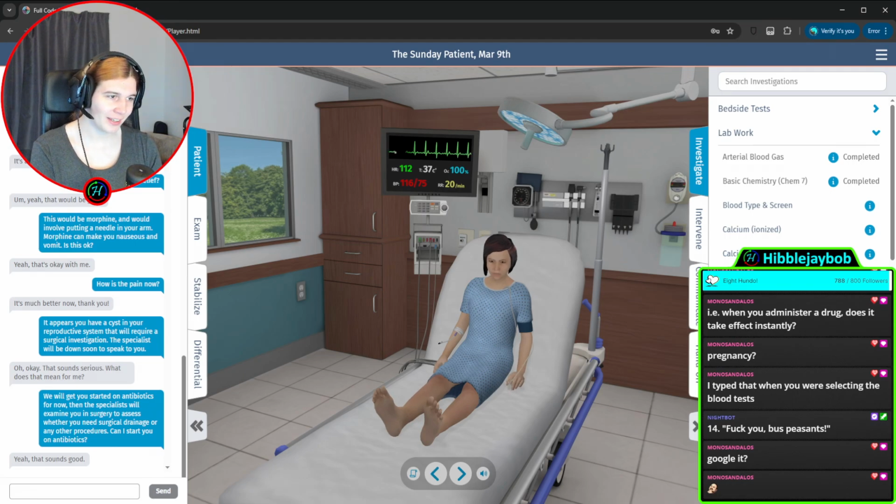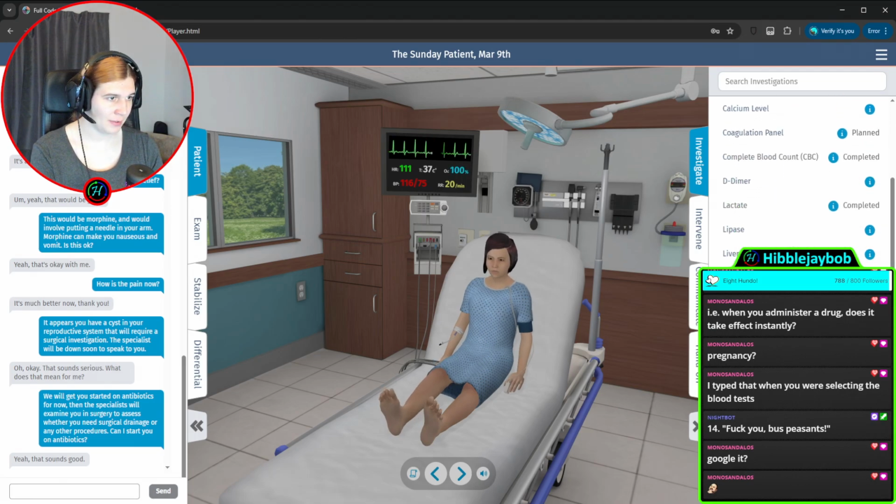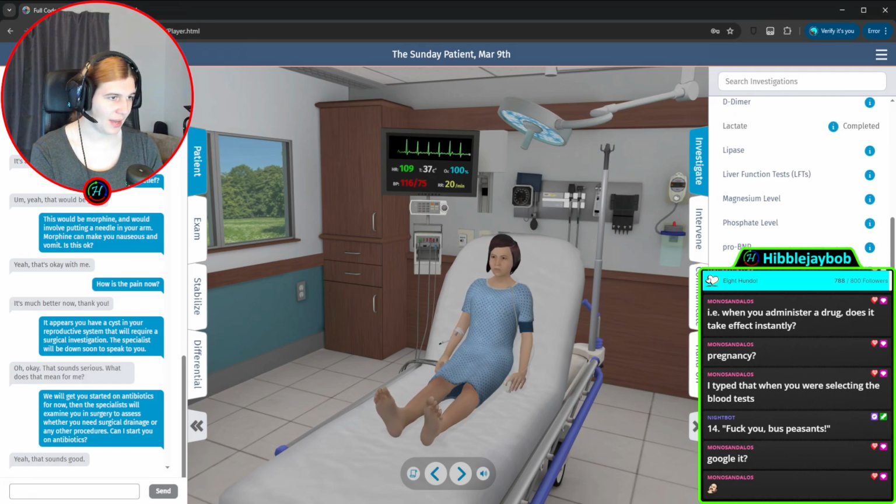I think a coagulation panel is one. A blood screen and type is definitely one. D-dimer, I don't care about. Lipase? What's a lipase? Okay. No. We don't need that one. Liver function's fine. Phosphates.